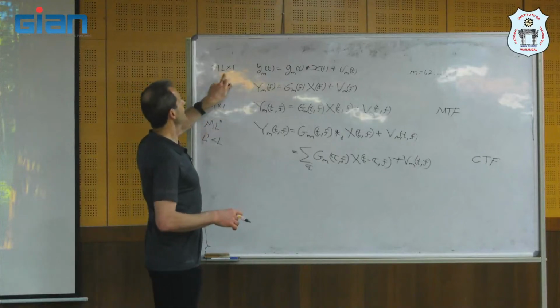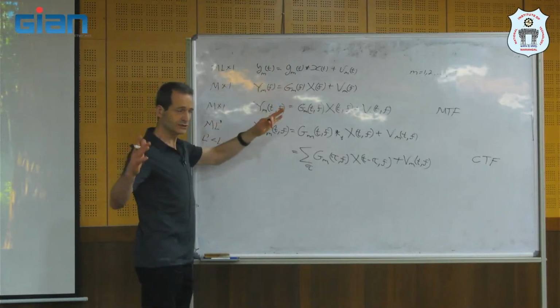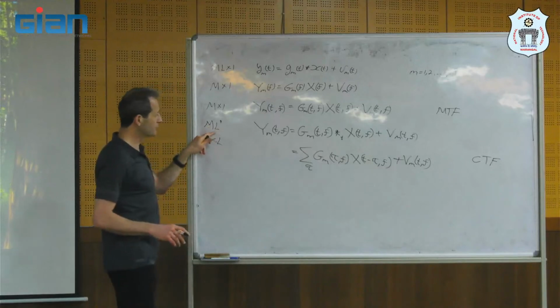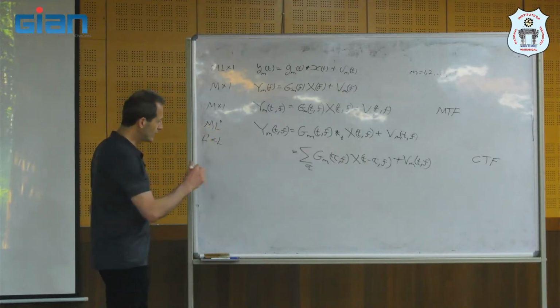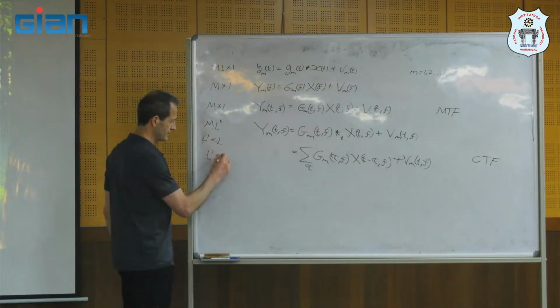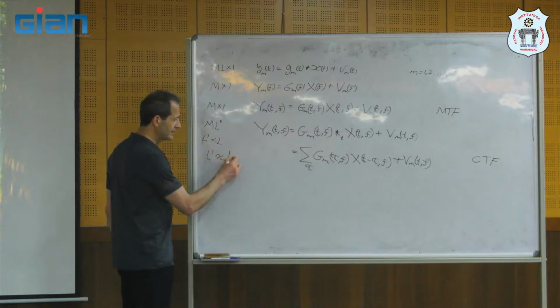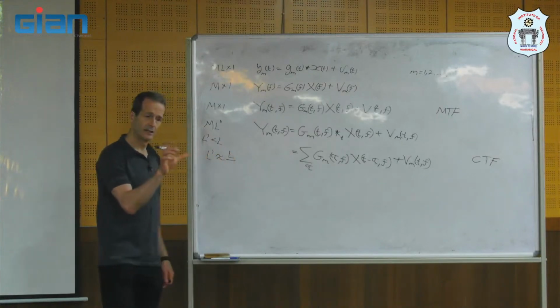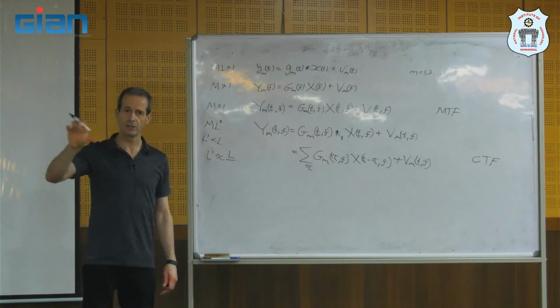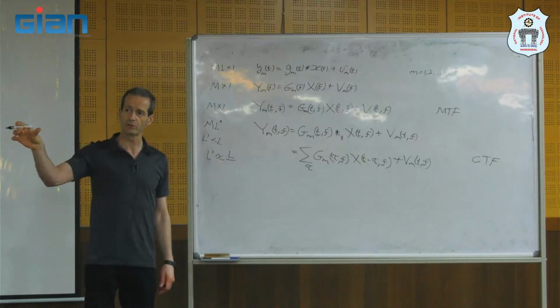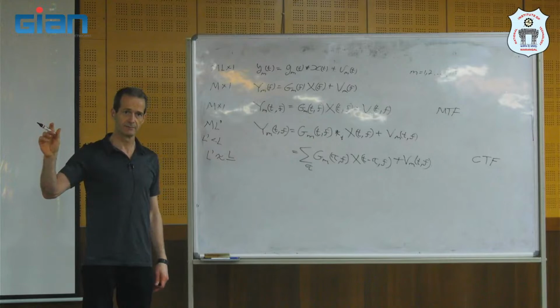But if L here is long, as we choose a certain length, L prime is roughly L divided by the jumps or the hops between different windows of the STFT. Okay?